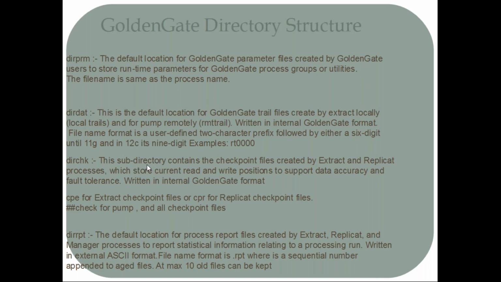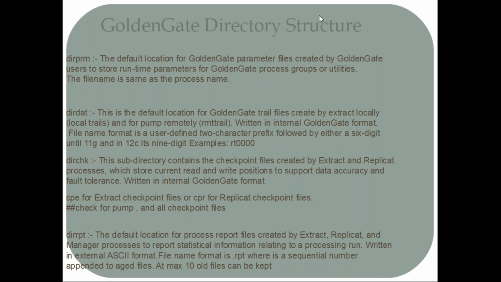This subdirectory contains the checkpoint files created by extract and replicate processes, which store the current read and write position to support data accuracy and fault tolerance, written in internal GoldenGate format. CPE for extract checkpoint file, CPR for the replicate checkpoint file.